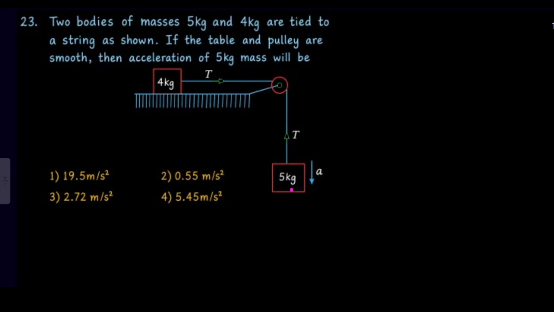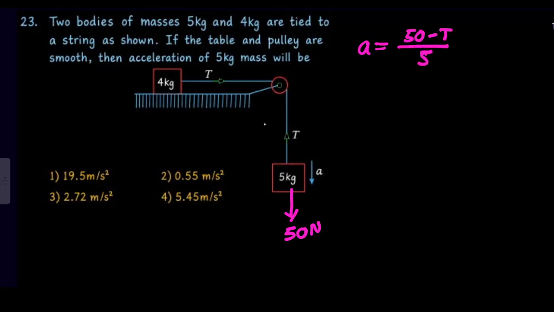So here, how much is the weight now? This is 50. Okay, fine. So if you want to do it by that method, tell me now, a is equal to how much? 50 minus T by 5.